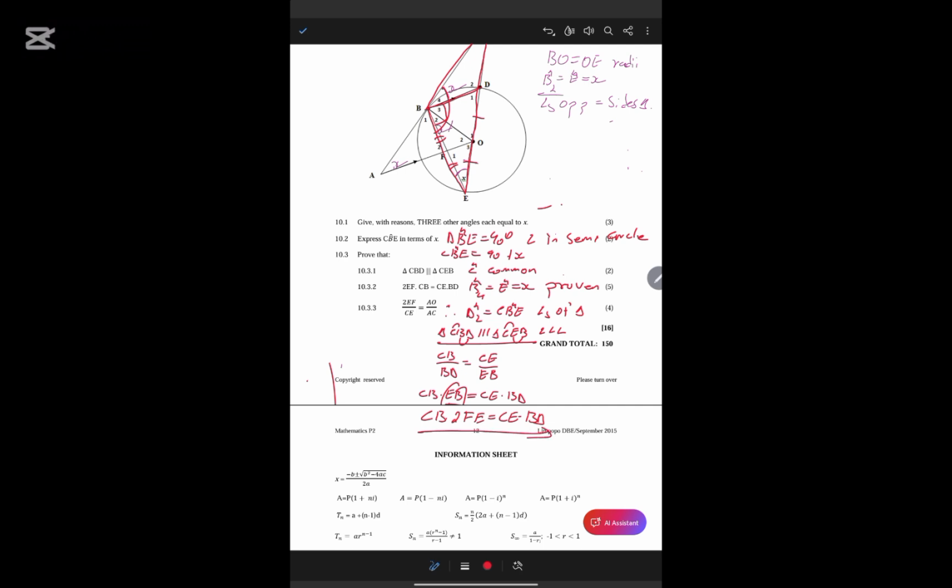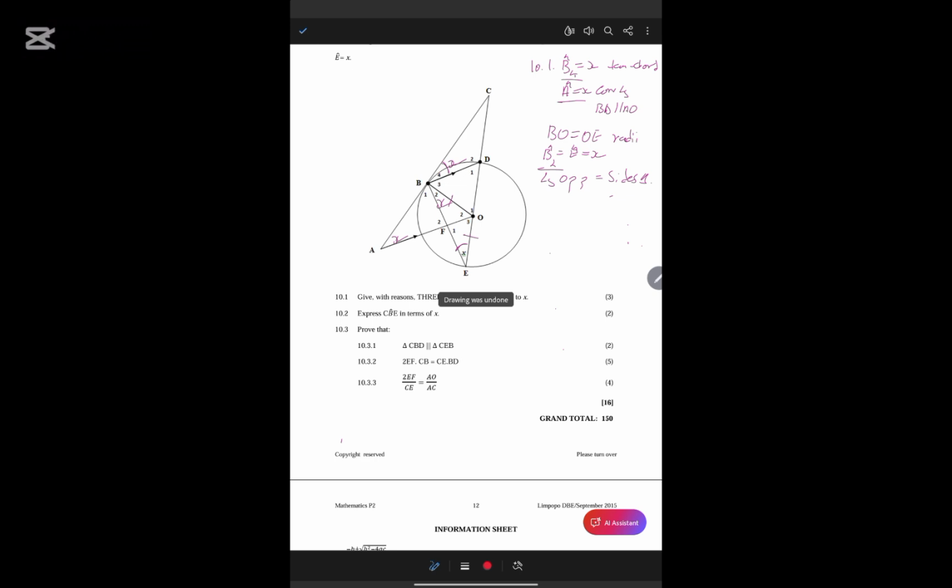So in 10.3.3, it says 2EF over CE is equal to AO over AC. So let's go back to the diagram and identify those lengths that are marked in this expression. So we are solving 10.3.3.